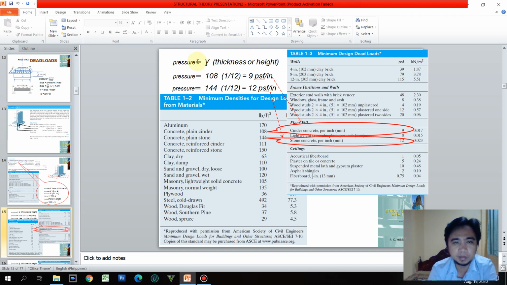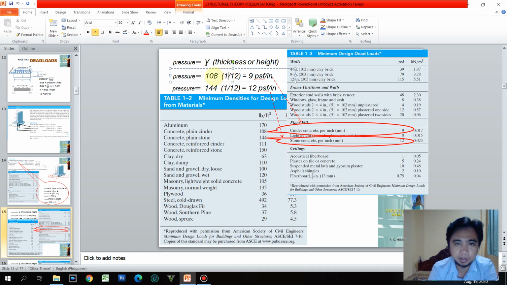Actually, it came from the relationship between the pressure and the gamma. Okay, so we have discussed that pressure is equal to gamma times thickness or height. So in this case, the gamma is 108. And then, what is the thickness? 1/12.